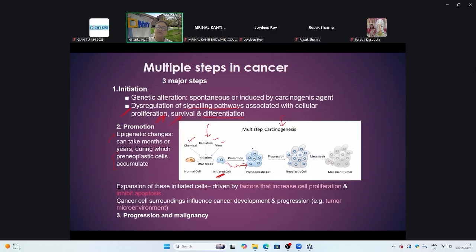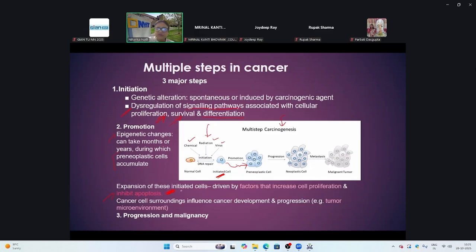Some of these are surviving, and some of these are refusing to die. They have already acquired some mechanism by which they survive for longer. So they are inhibiting apoptosis during promotion.